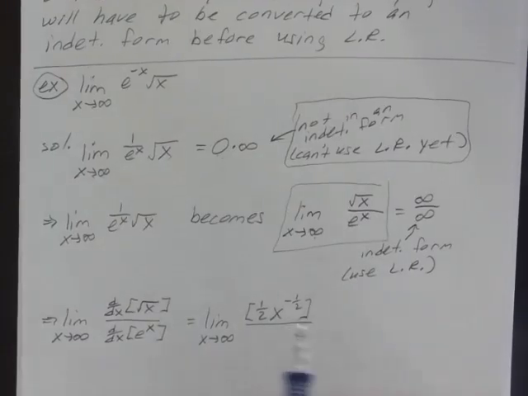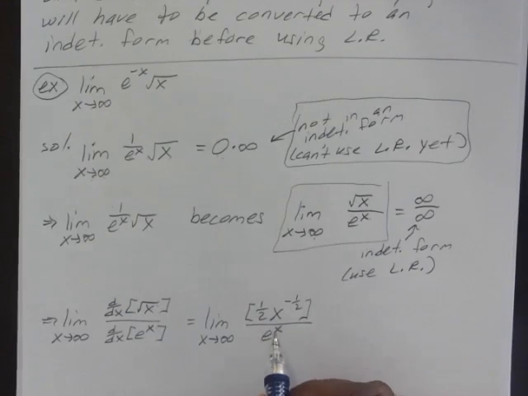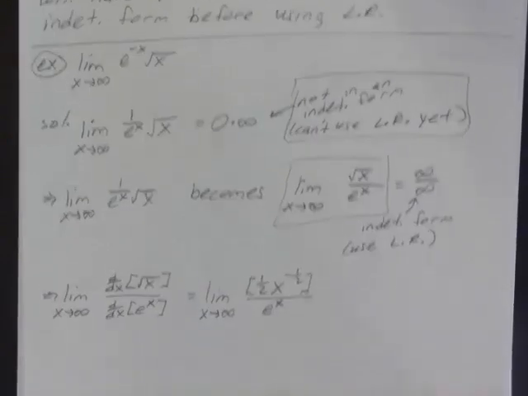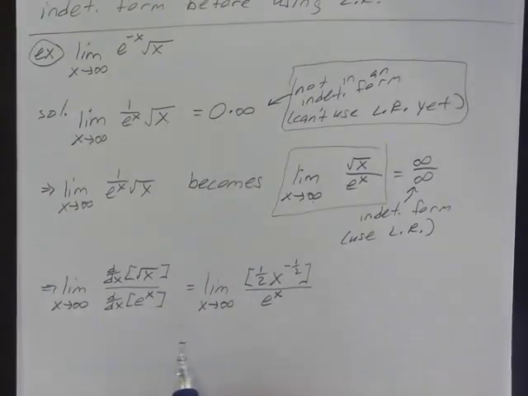Divided by the derivative of e to the power of x, which is just e to the power of x. Okay, so that gives us the limit as x approaches infinity.